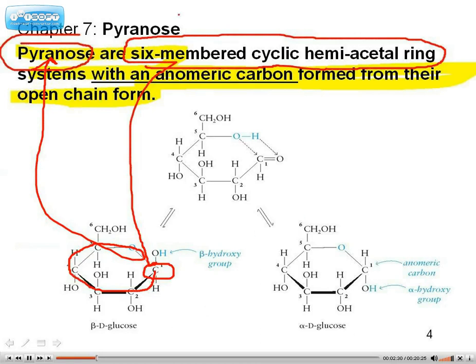Notice in this newly cyclical hemiacetal formation, we have a brand new anomeric carbon that's formed. The anomeric carbon basically produces a brand new alcohol. So we call this an anomeric carbon.